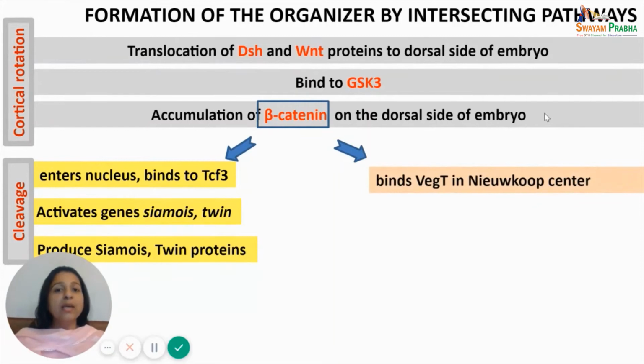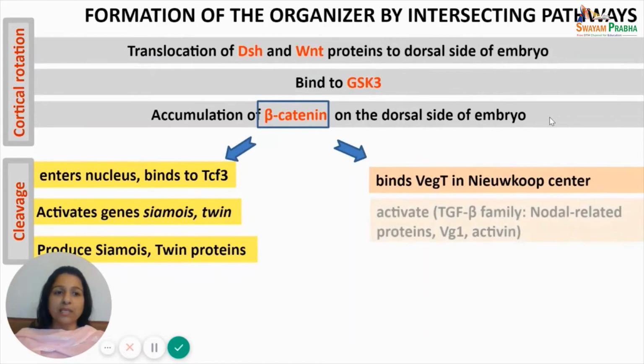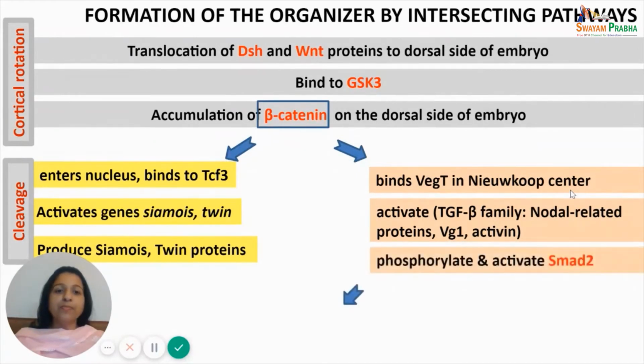On the other hand, beta-catenin also binds to VegT proteins in the Nieuwkoop center, that is the dorsalmost vegetal region of the embryo, whereby it activates the TGF-beta family, that is the nodal-related proteins Vg1 and activin. This helps in phosphorylating and thereby activating the Smad2 transcription factor.